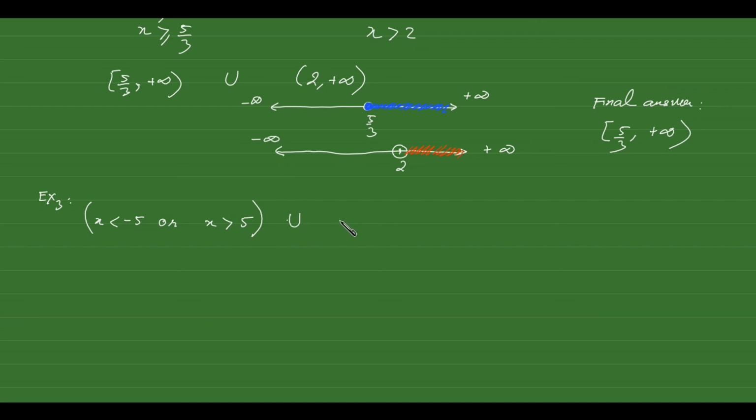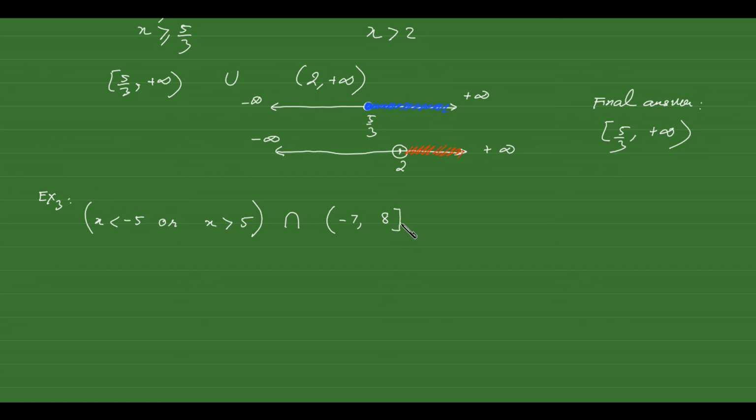In this case, how about the interval, I try to find the intersection with the interval -7 and 8, for example.